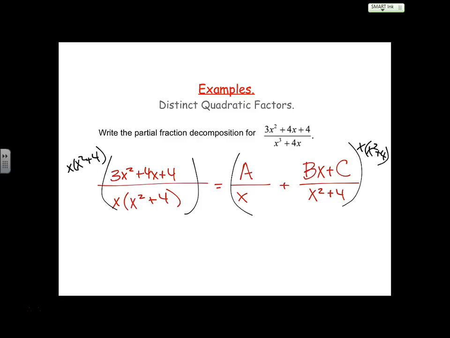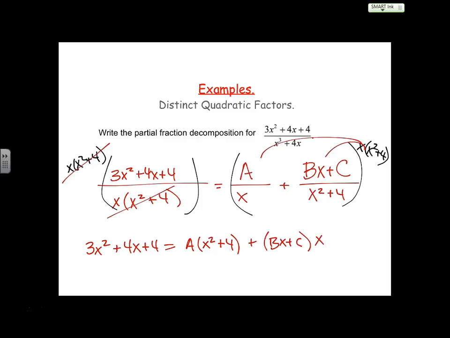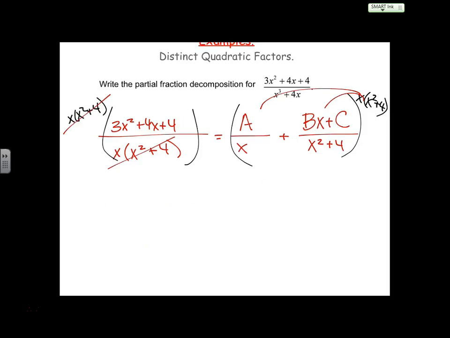What am I gonna do after I get rid of my denominators? I'm gonna either use like terms or strategic values in order to be able to solve. I'm still gonna have things canceling out and things remaining. I'm still gonna have pieces reducing, and I'm gonna have pieces or factors remaining.